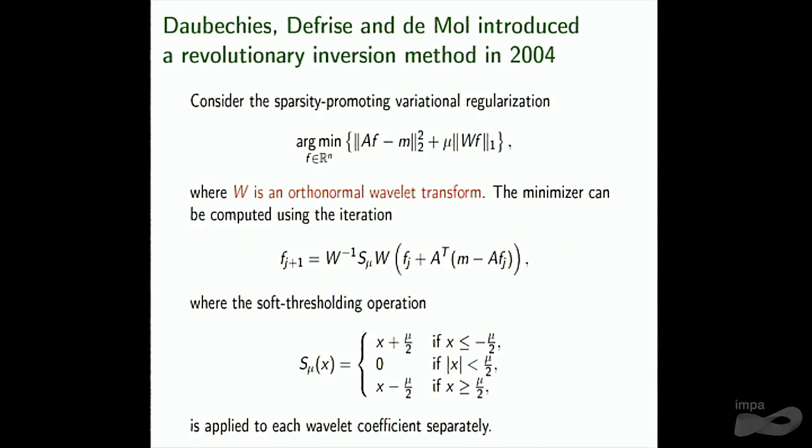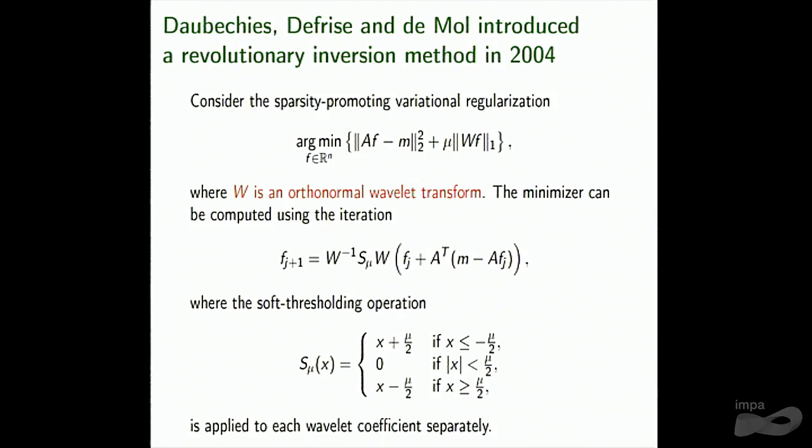And it's done with this quite simple iteration that has inside it the data discrepancy back projected, summed up with the current iterate, then wavelet transform, soft thresholding, and inverse wavelet transform, and that's the iteration.